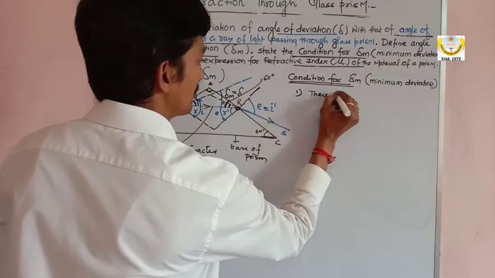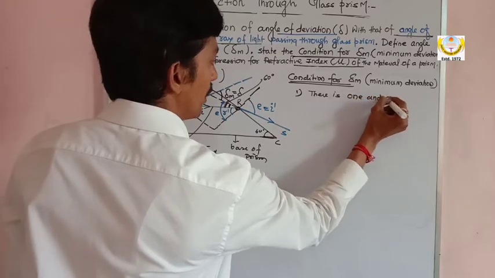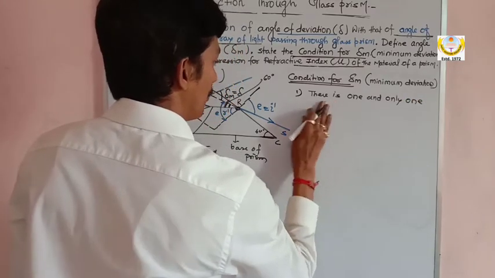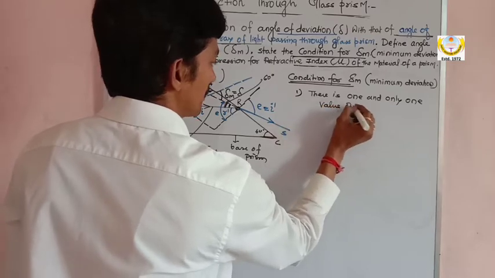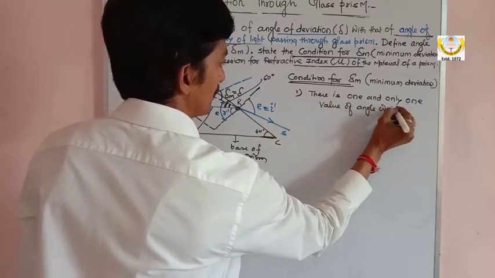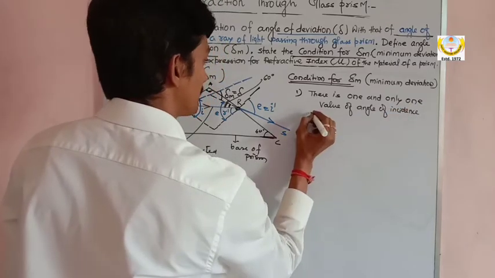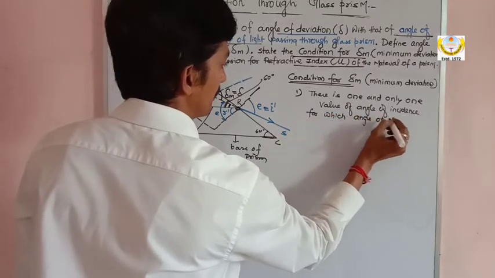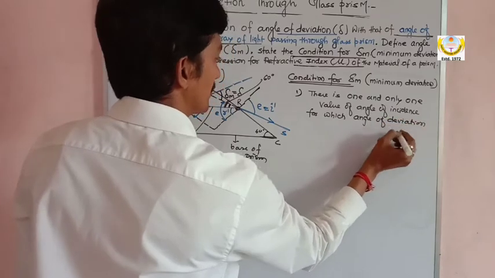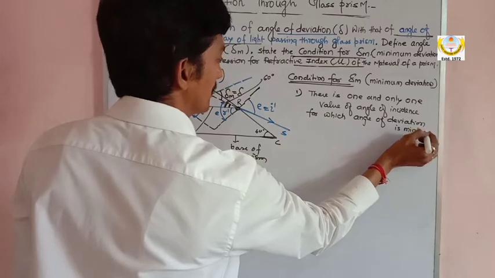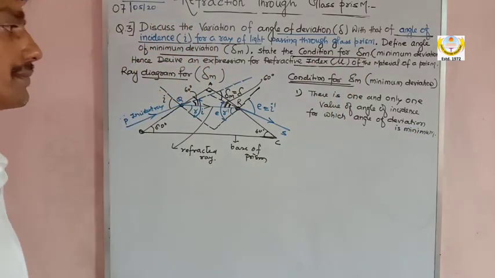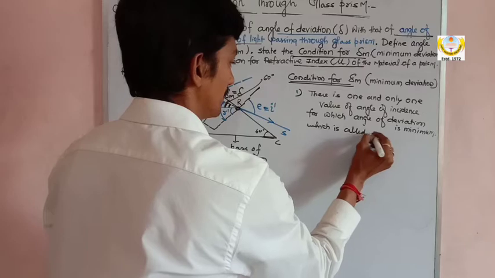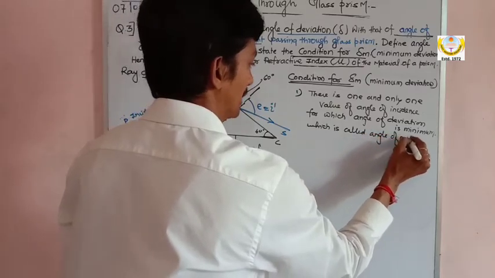There is one and only one value of angle of incidence for which angle of deviation is minimum, which is called angle of minimum deviation.